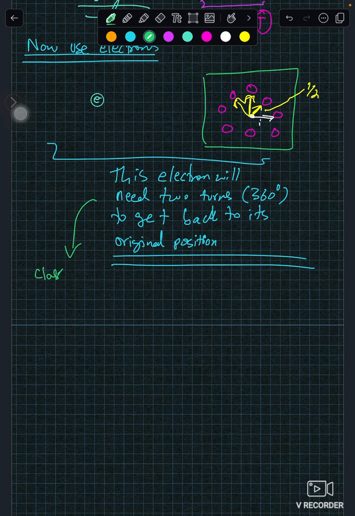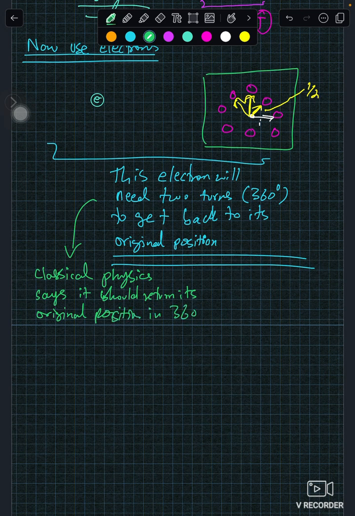Classical physics says it should return to its original position in a 360-degree turn.